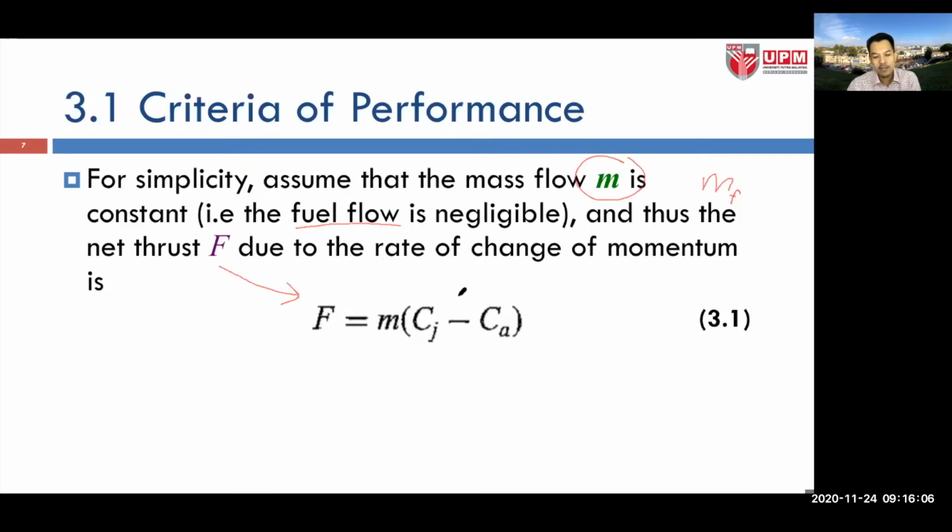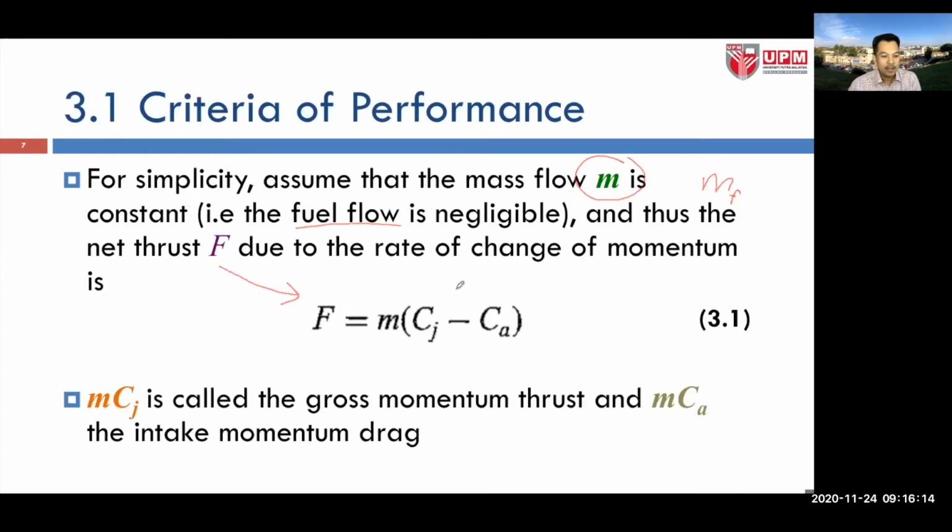This has been discussed quite lengthily in the subject of propulsion. So we have equation 3.1, and m Cj is called the gross momentum thrust, and m Ca is the intake momentum drag.